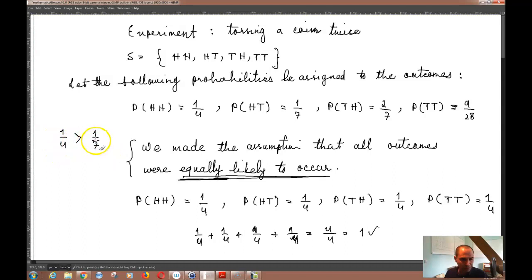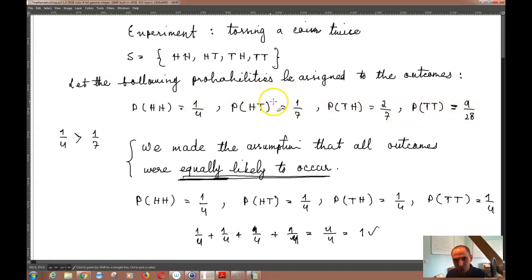Because the denominator is greater over here, so this one is smaller, and the numerators are the same. So the probability of this event happening is of course greater than the probability of this event happening. And we can of course compare each of these probabilities back and forth.